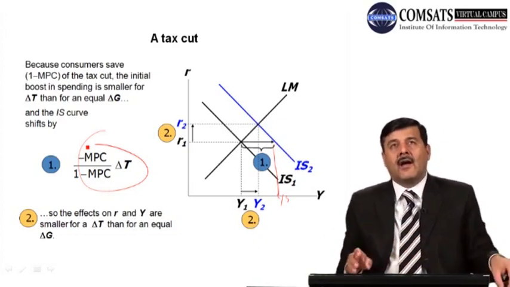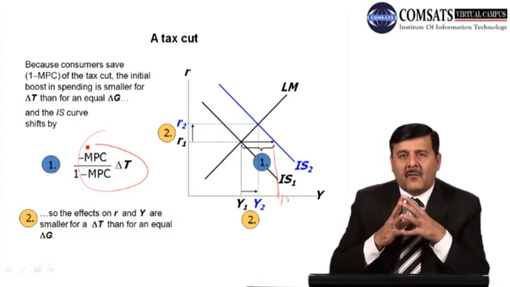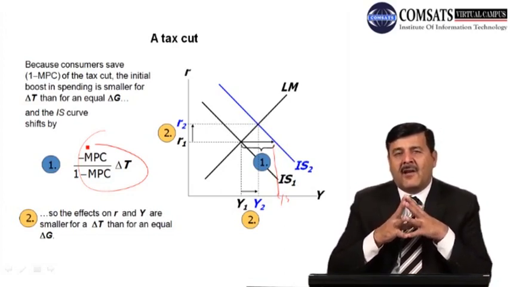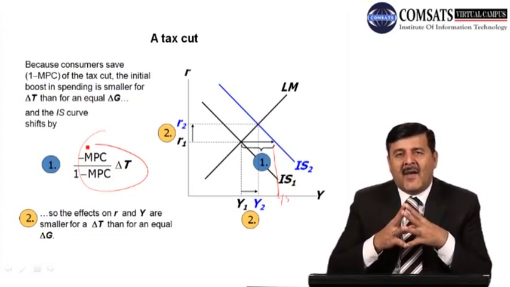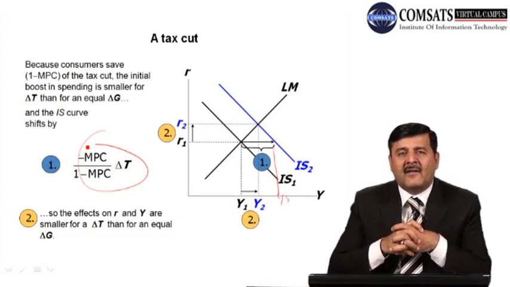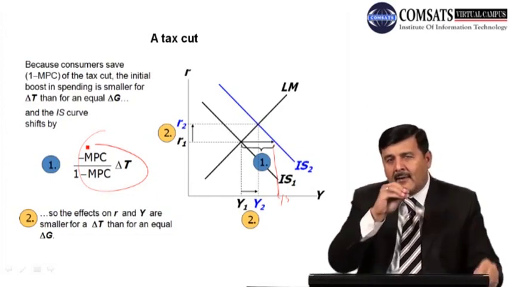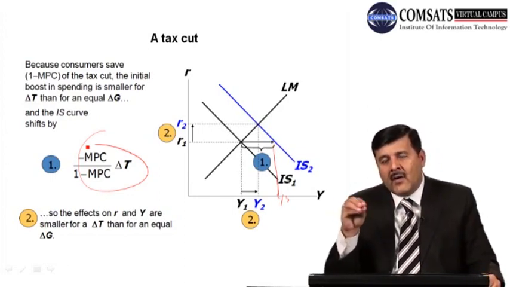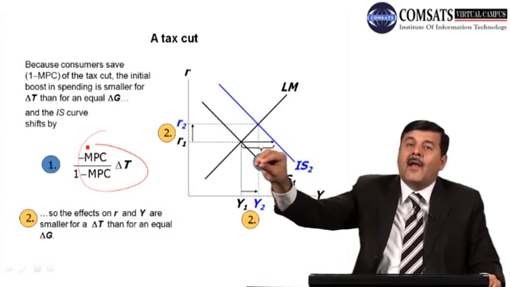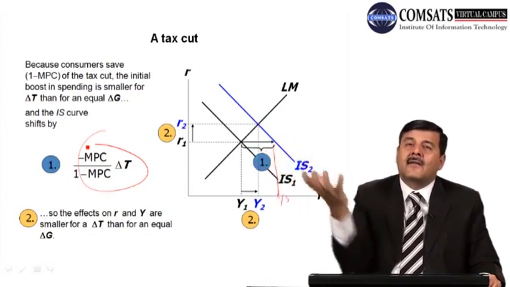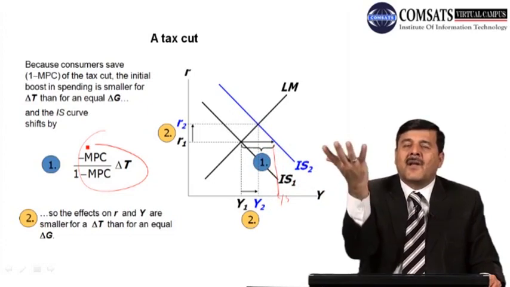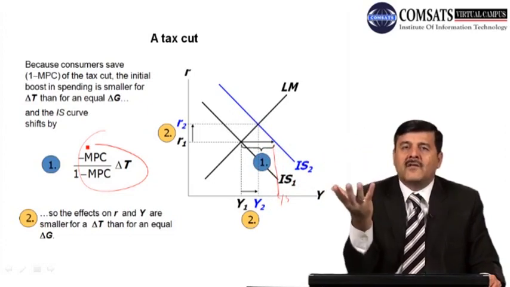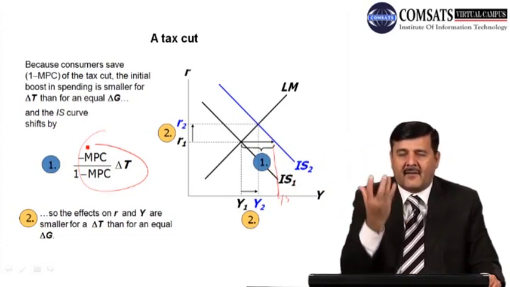So we can conclude that whenever the policy maker uses government purchases or taxes to affect the equilibrium in the goods and money markets, at the initial rate of interest income increases by much more, equal to the multiplier effect of both government purchases as well as taxes.